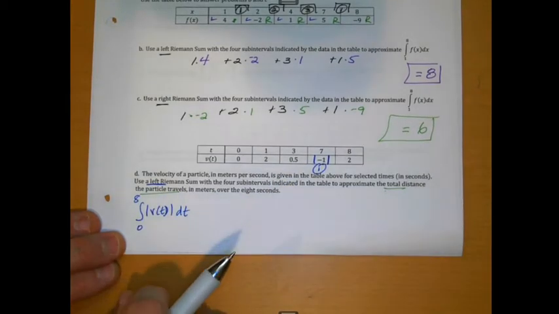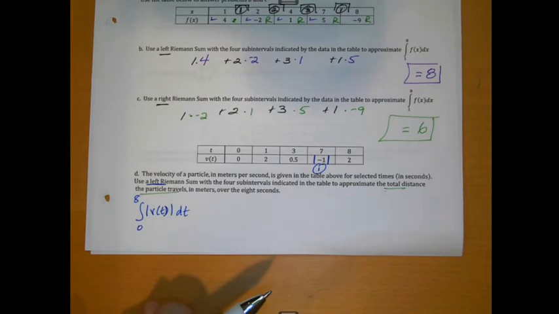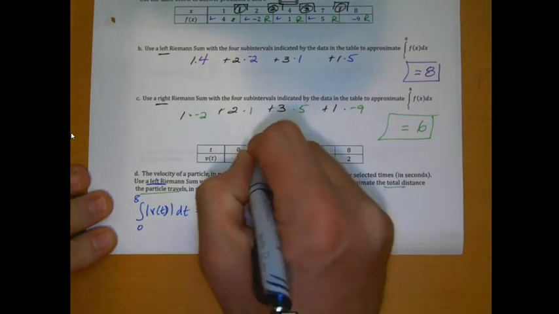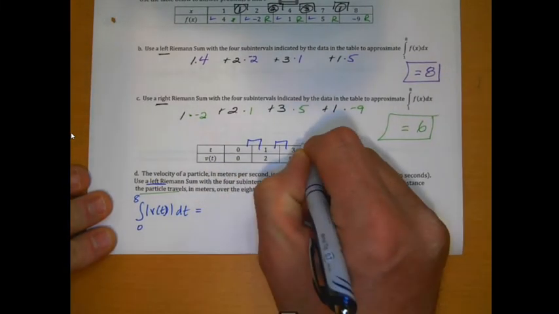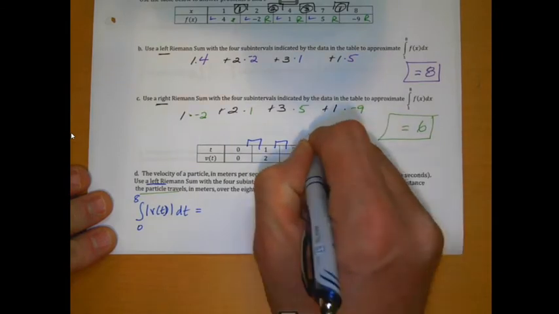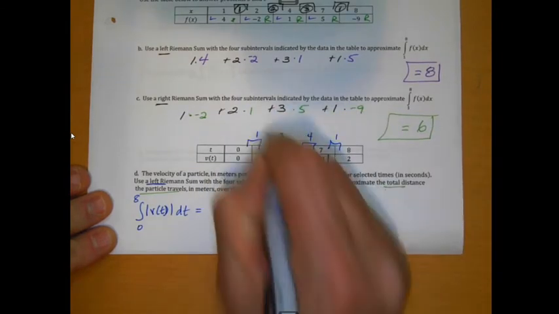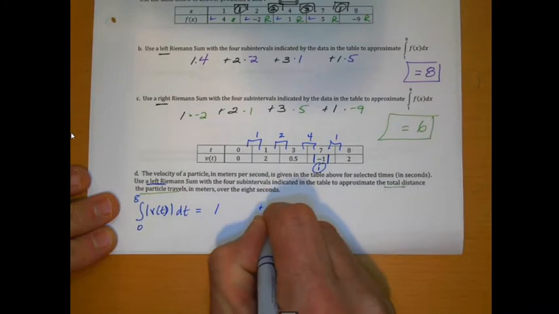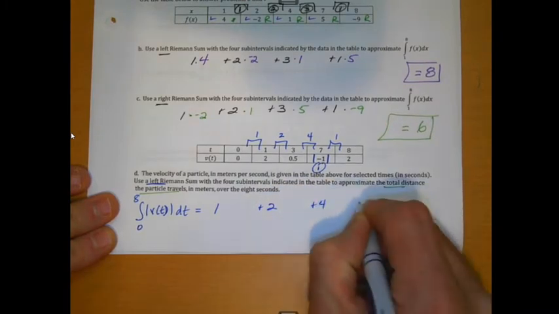Because if a velocity is negative 1, you're going backwards, but your speedometer, as Mark put it in the video, is going forwards, which is going to be 1. So left, these are all your delta x's: 1, 4, 2 and 1, 1, 2, 4, and 1.